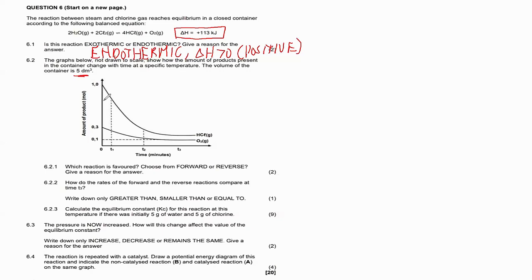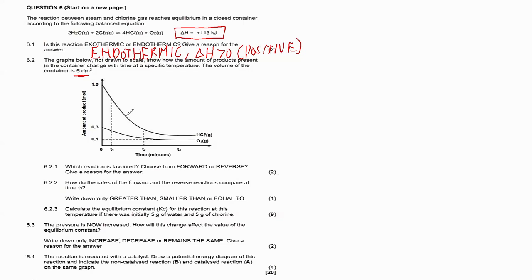Now, from looking at the graph, they say it indicates the amount of product with time. But if the amount of product is decreasing with time, then this obviously means that the reverse reaction is favored. Because what is the reverse reaction? It is simply a reaction that promotes the using up of product in order to form back the reactants.